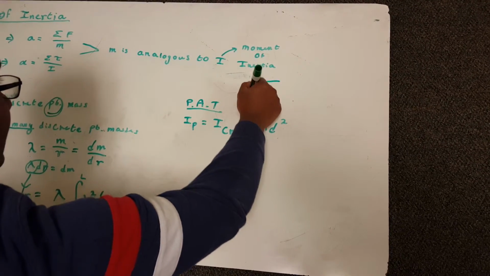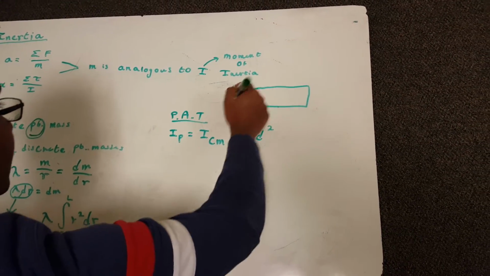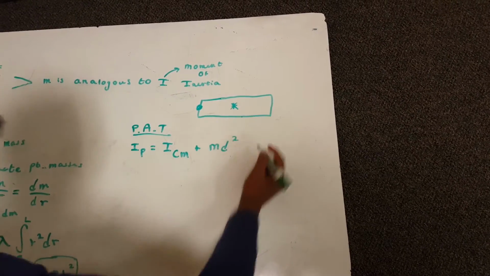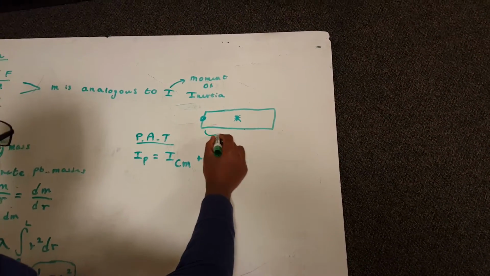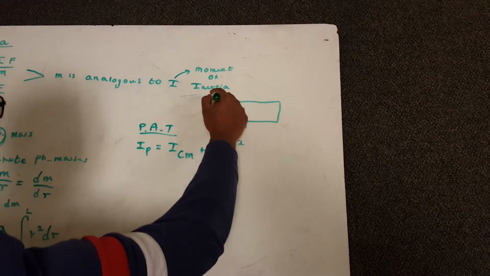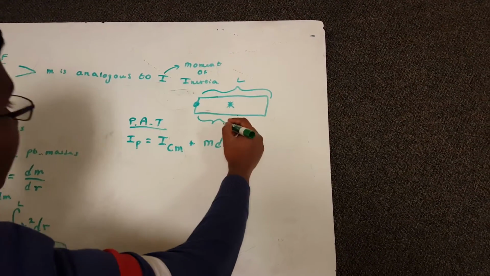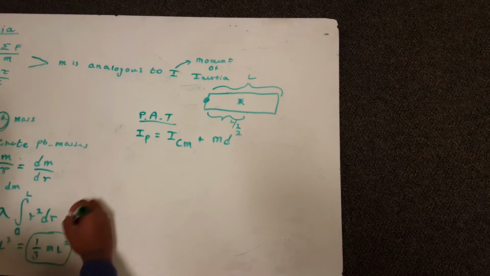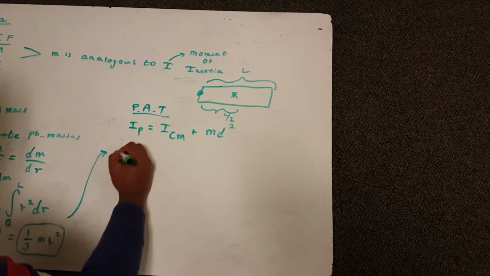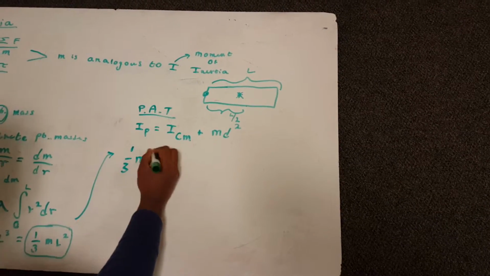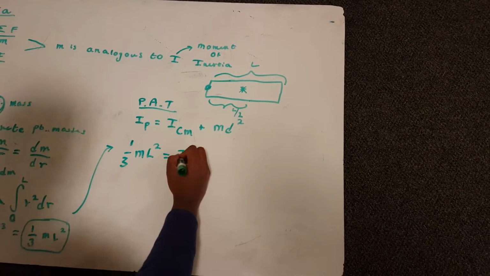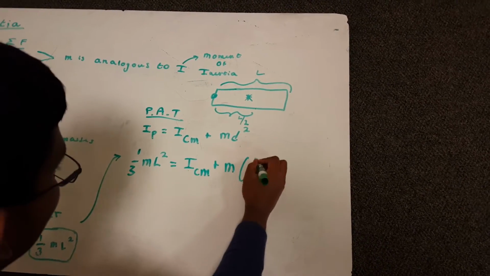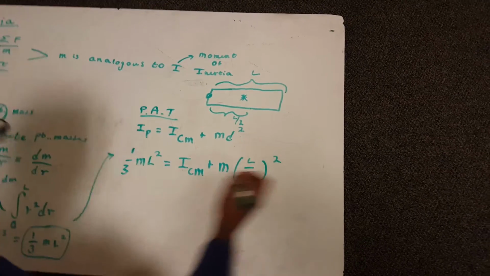So now let's look at a diagram. Our pivot was originally here, and now we have to take our center of mass. The distance between the center of mass, assuming that the full length is L, is now L over 2. Now plugging in, we see that I found right here is 1/3 mL squared, which is equal to the moment of inertia at the center of mass plus m times L over 2, the whole squared.